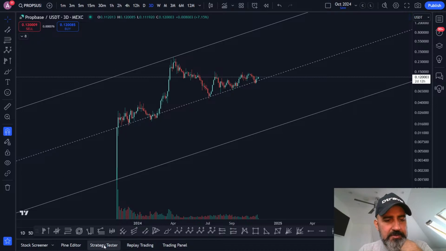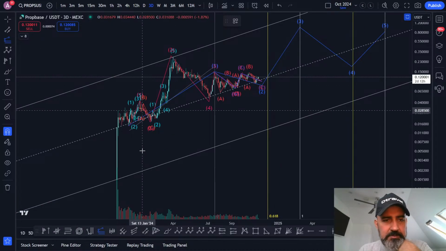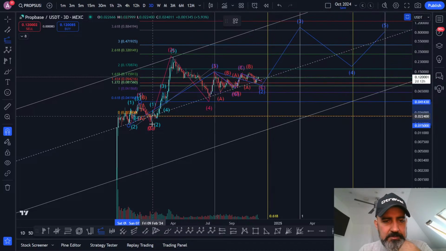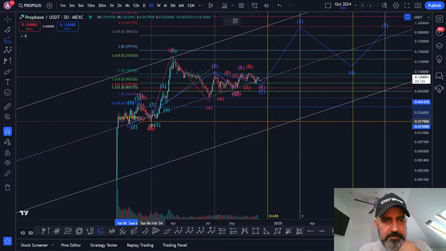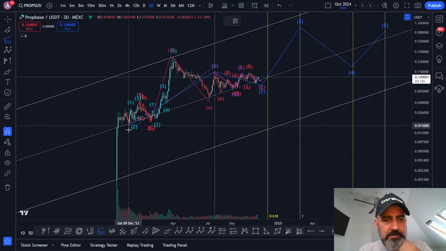Right, so then we're going to do some trend-based fib extensions. Let me get my EW back up. So let's do it from the 0 here. 2.618, that's fine. To the one here.